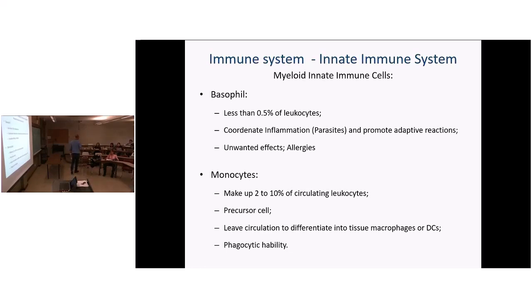And antigen-presenting cells are important because these are the cells that bridge the innate with the adaptive immune system. Okay?